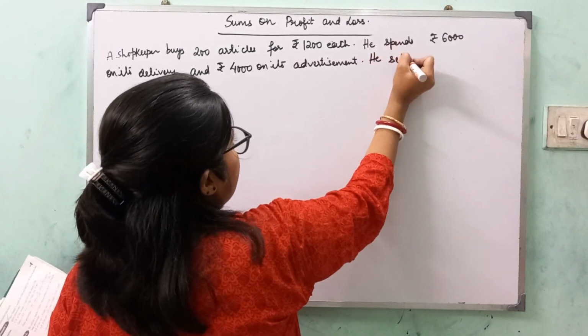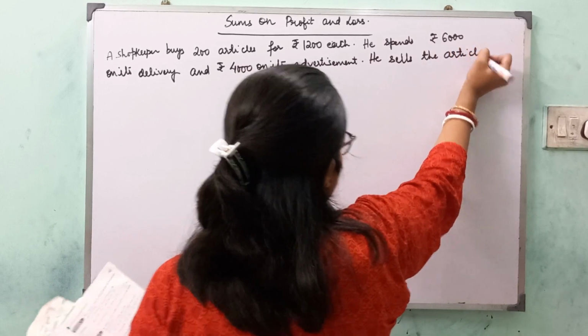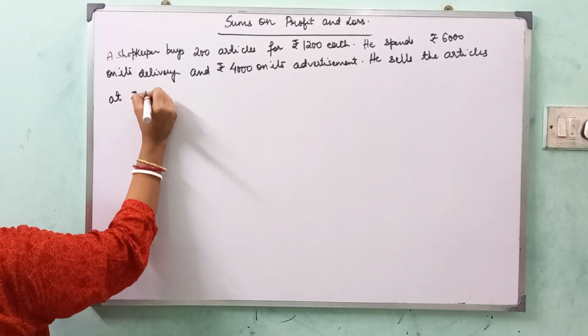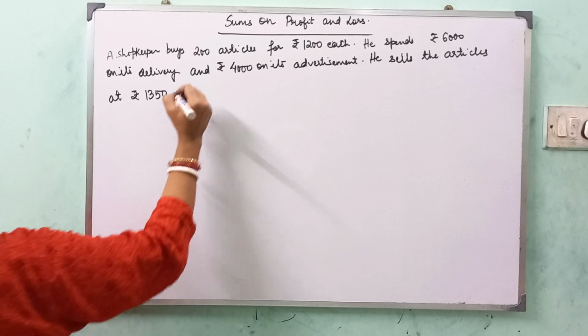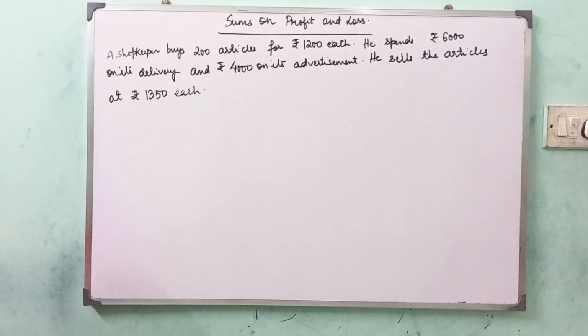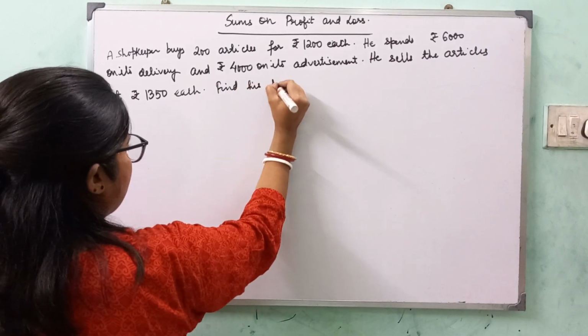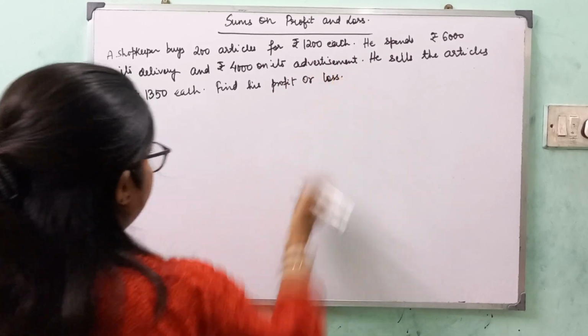He sells the articles at rupees 1350 each. Find his profit or loss.